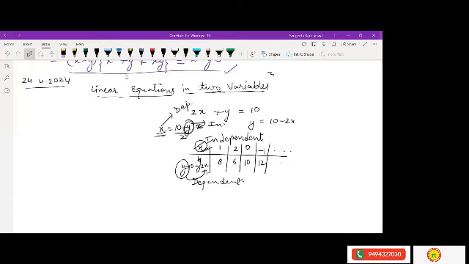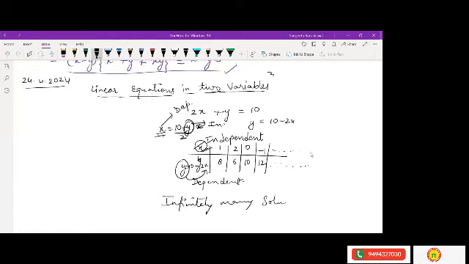For this reason also, we say that a system of linear equations in two variables has infinite solutions. Whatever value we give to x, we will get some corresponding value for the other variable. So how many solutions can we have? We can have infinite solutions.